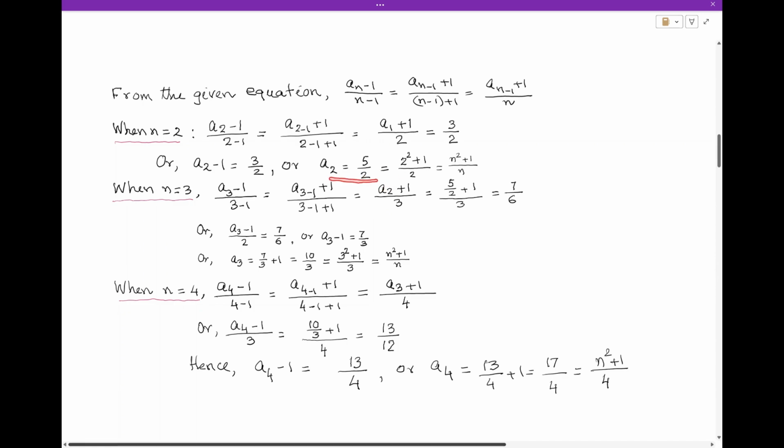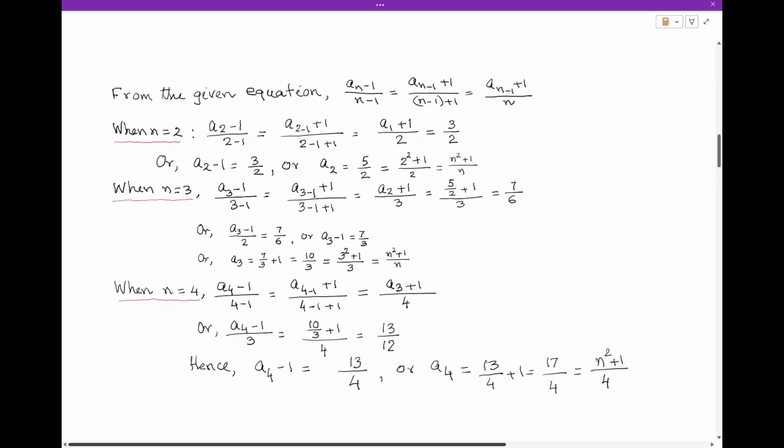Putting that value, we get 5 by 2 plus 1 divided by 3, and that is equal to, after a little bit of simplification, 7 by 6.